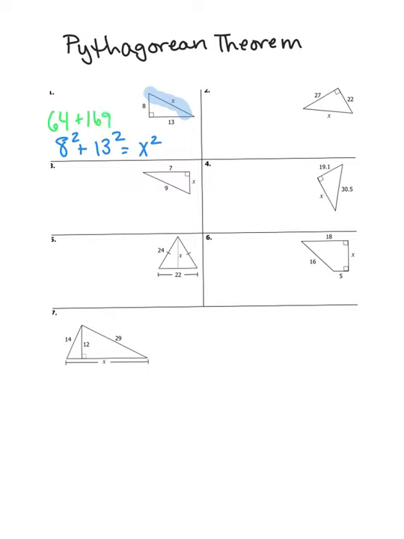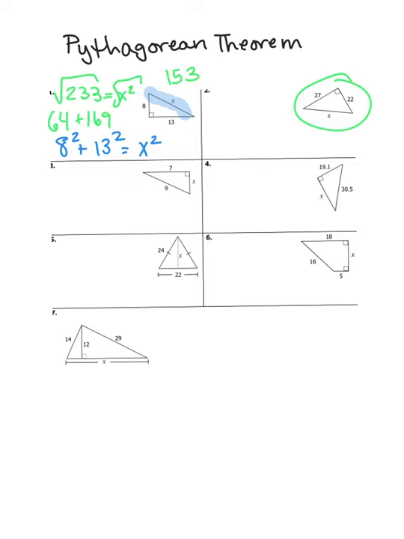When I add those two together, I get 233 is equal to x squared. To get x by itself, I have to take the square root of both sides. So the square root of 233 is 15.3. Number 2 operates about the same way, so I'm not going to do that one just now.